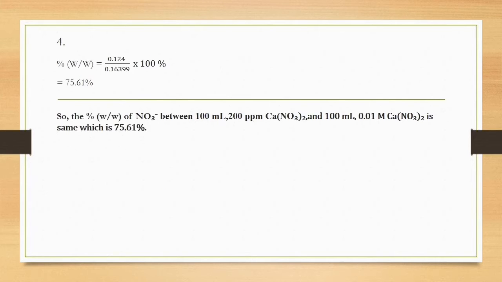For step number 4, we calculate the percent, and we get the same one as before. So the percent of nitrate between 100 ml 200 ppm calcium nitrate and 100 ml 0.01 molar calcium nitrate is the same, which is 75.61%.